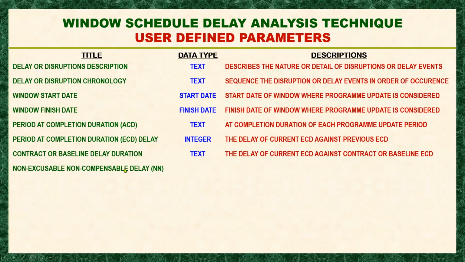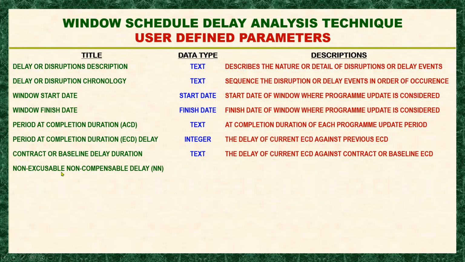Take note that this is intended for the contractor or the constructor when they want to claim, so this will be the terminology being used. When we say non-excusable and non-compensable, we will put it as NN as the shortcut because this is a bit long.